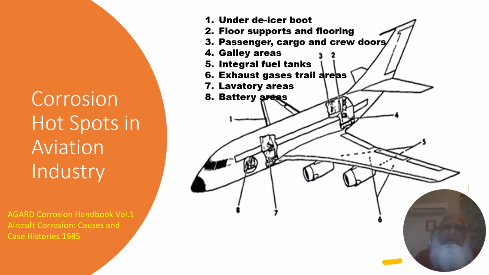All these points given there, numbered 1, 2, 3, 4, 5, 6, 7, 8: the first one is under the de-icer boot, floors and floorings, passenger, cargo and crew doors, galleys areas, integral fuel tanks, exhaust gases and trail areas, lavatory areas, battery areas. All these are spotted in the plane where corrosion can take place at localized points, what we normally call hotspots.